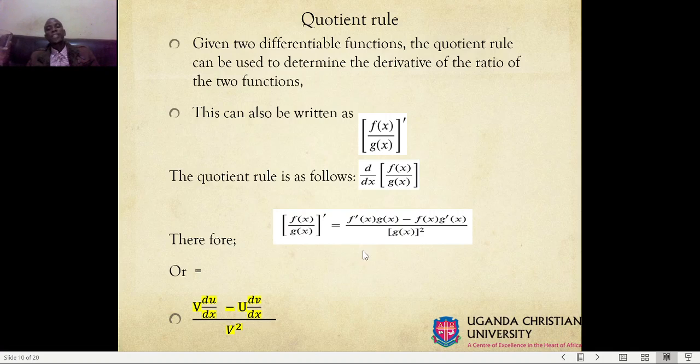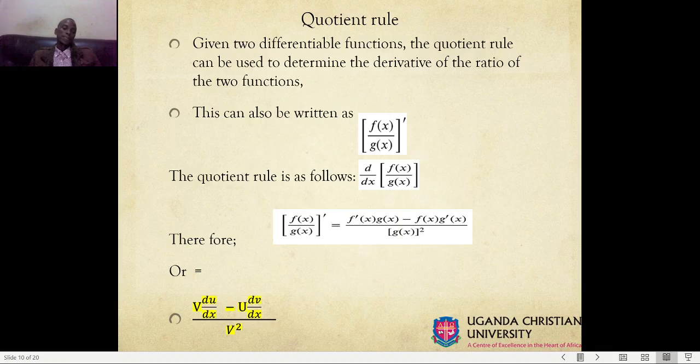To get this, I prefer the simplest formula, the one I put in yellow. Since I earlier used u and v, we can as well use them here. So the formula is v du/dx minus u dv/dx, over v squared.